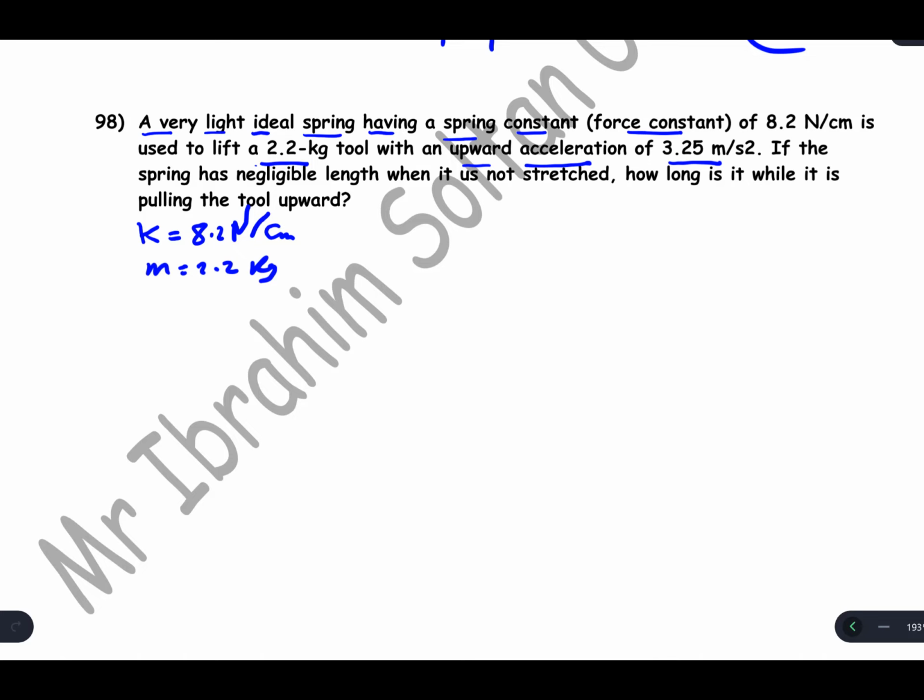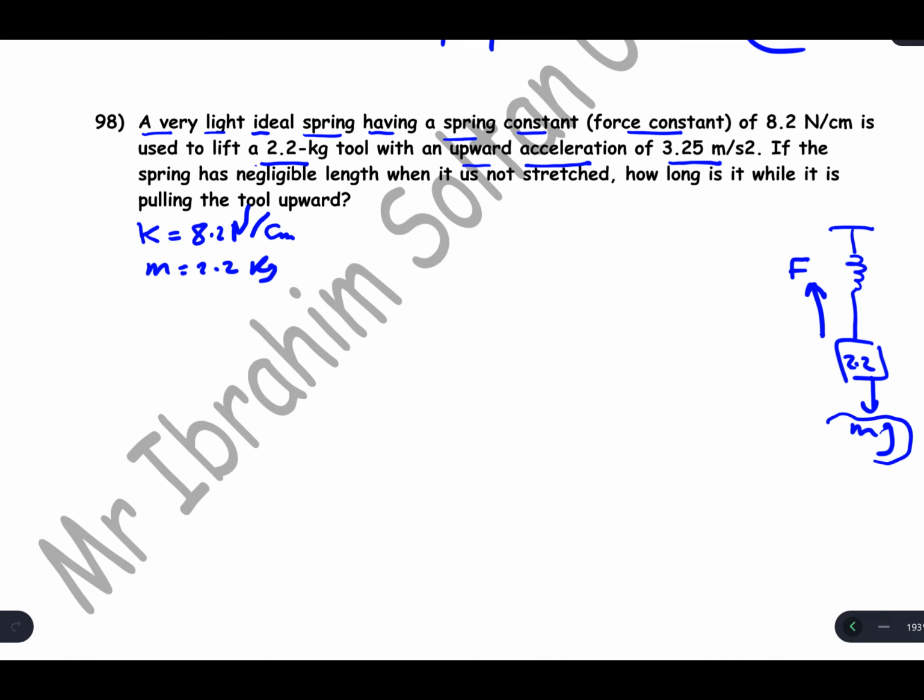So there is acceleration. Imagine that this is the spring and this is the tool 2.2 kilogram, and this is mg, and there is upward acceleration, right?